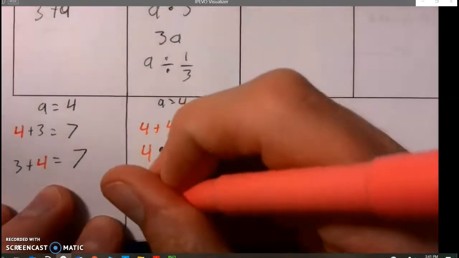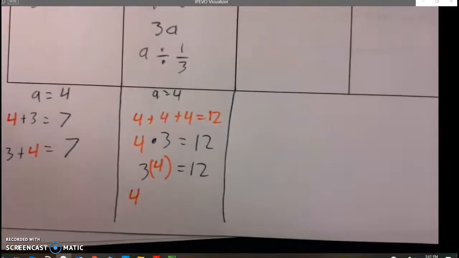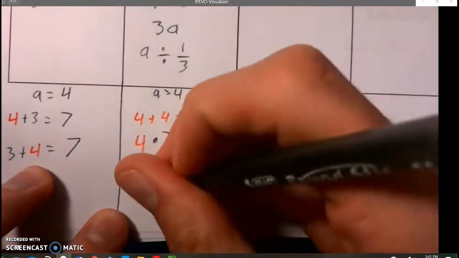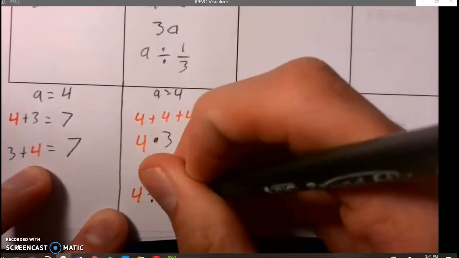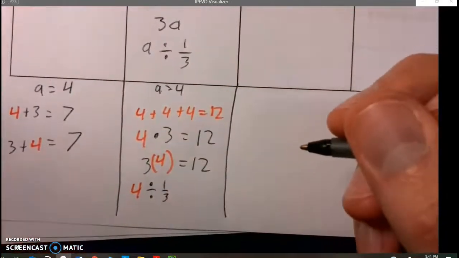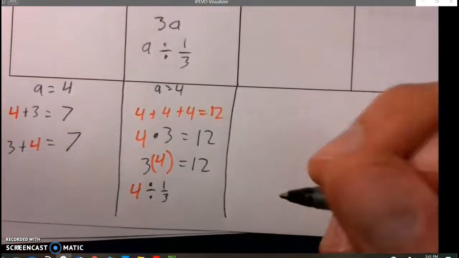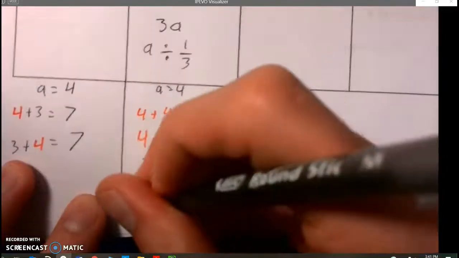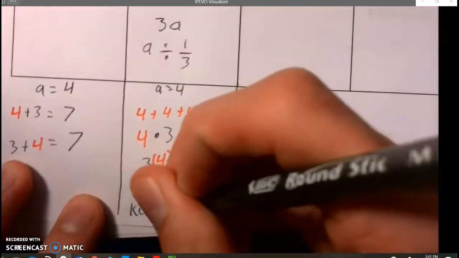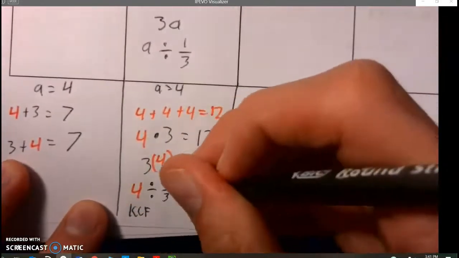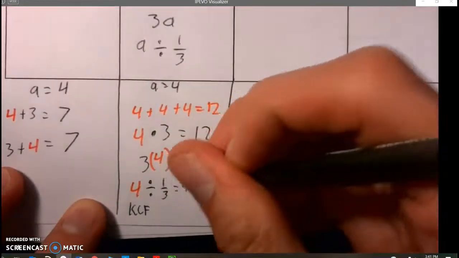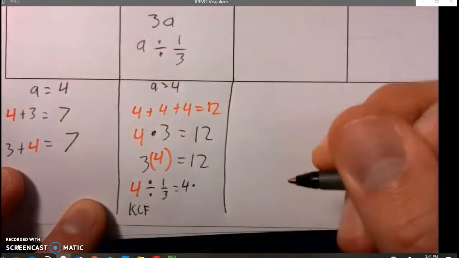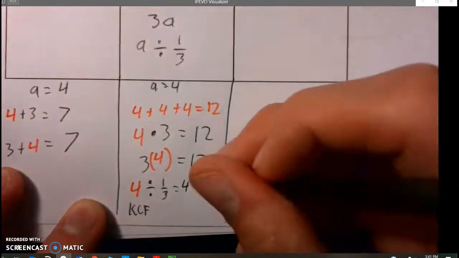So once again, we are going to substitute in our value of 4, and then 4 divided by 1/3. So remember, we're dividing by a fraction, which means we have to do keep, change, flip. Okay? And so I would keep the 4. I would change my division to multiplication, and I would do the reciprocal of this fraction.